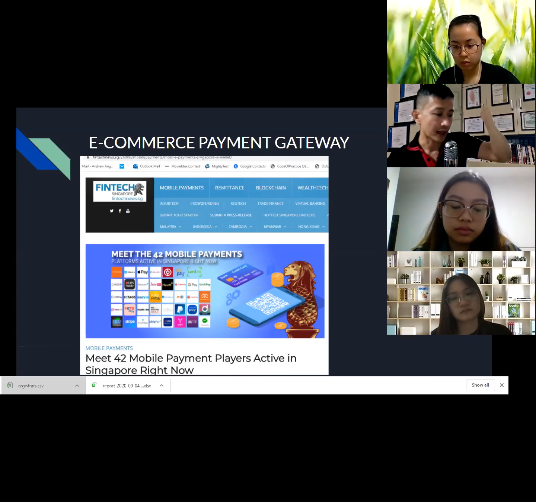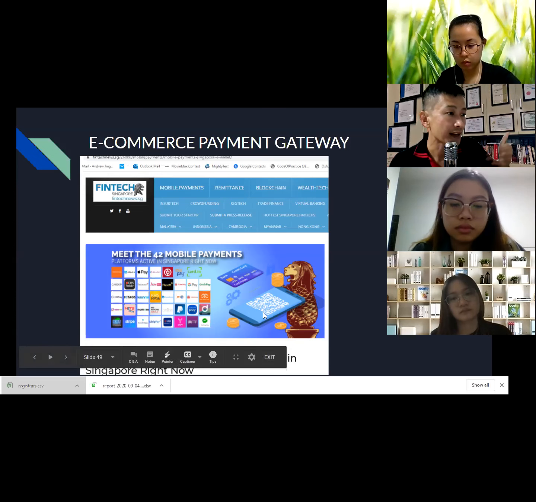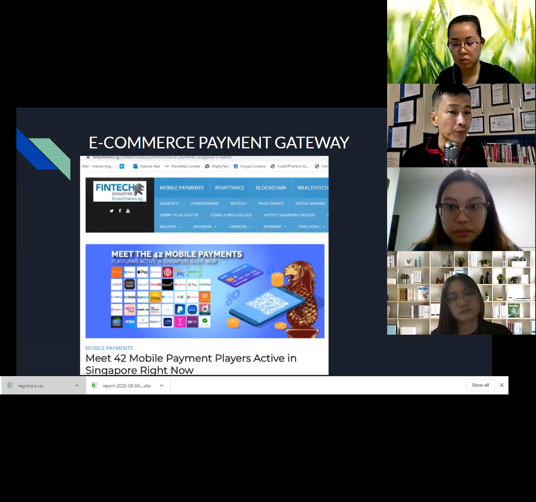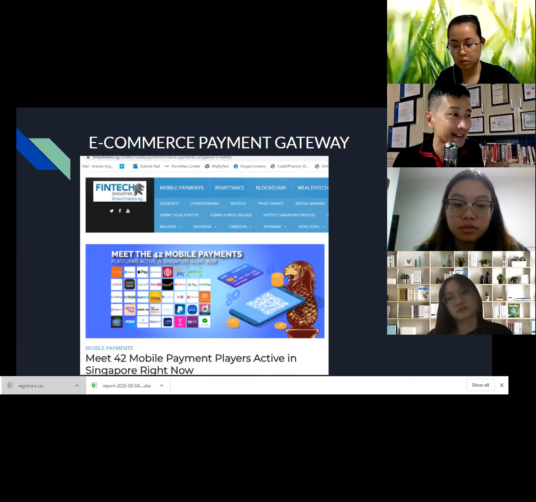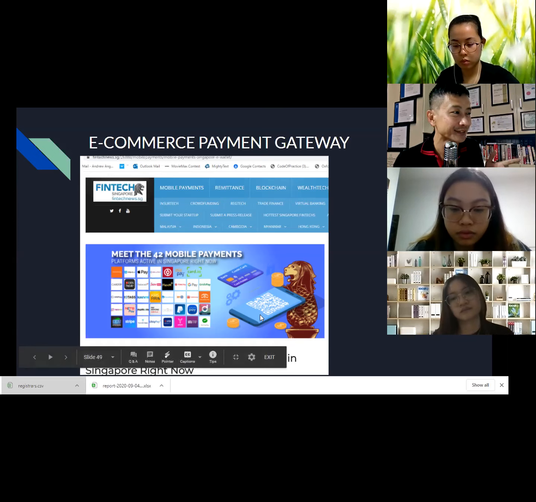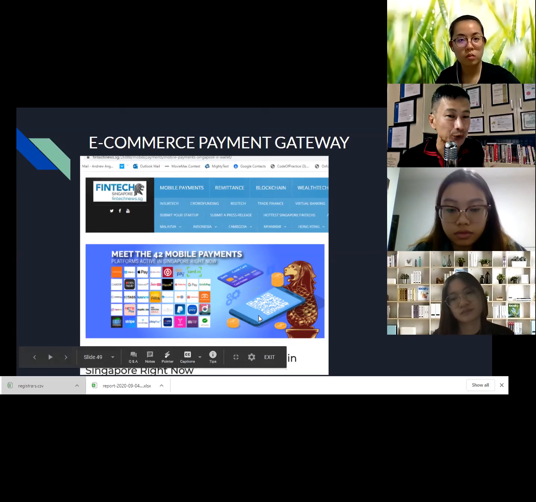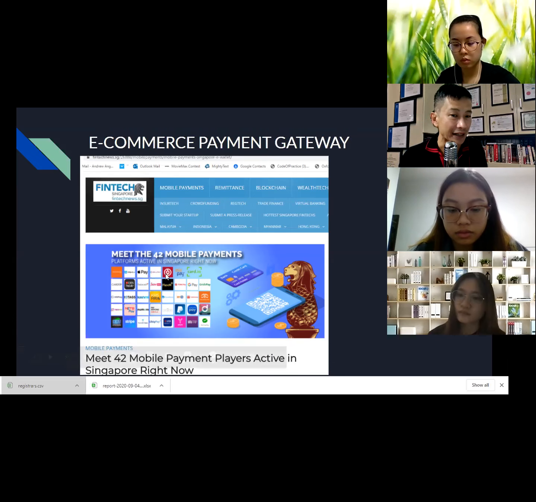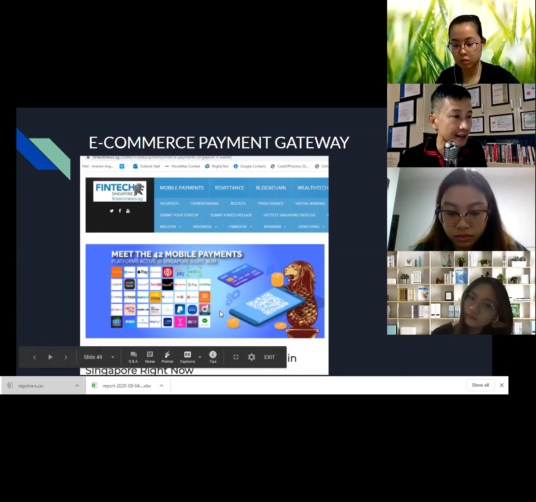So for every $1 that you sell, you give them 6 cents. Cost is very important, because if your margin is only 10% and you give them 6%, you are left with only 4%. After you pay your salary, you have nothing left. So it's important to look at payment gateways, and there are many that you can consider.